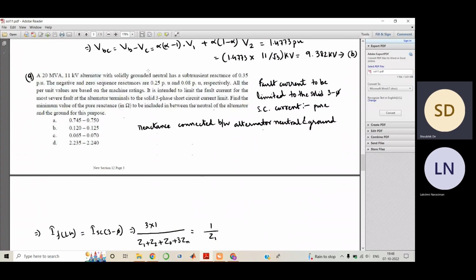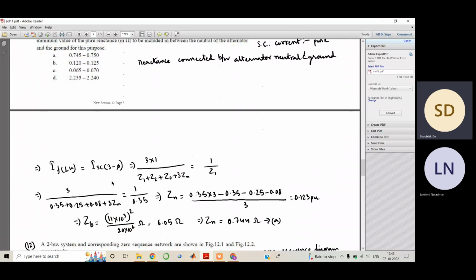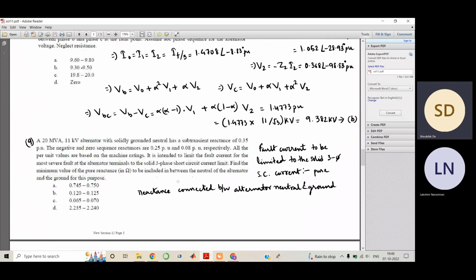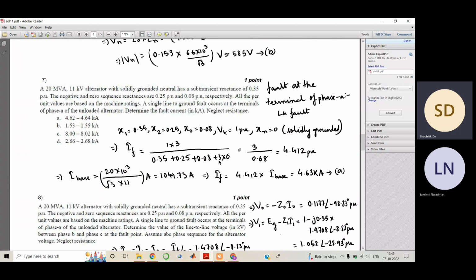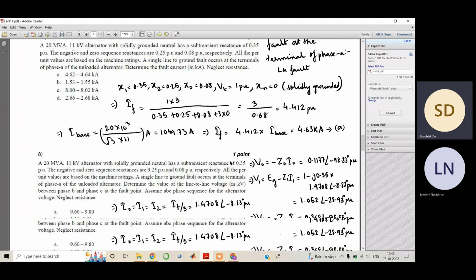Initially we were using a solidly grounded neutral, so there was nothing. Now since they are trying to restrict this fault level, they are connecting a reactance. So basically their equation would be this: the fault current of the line to ground fault would be the same as that of the three phase fault. In question number 7 there was no reactance between ground and neutral, so we were using 0.